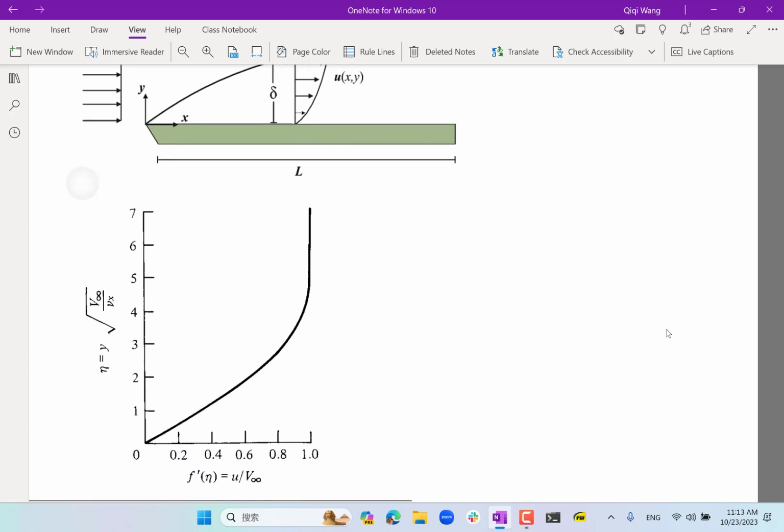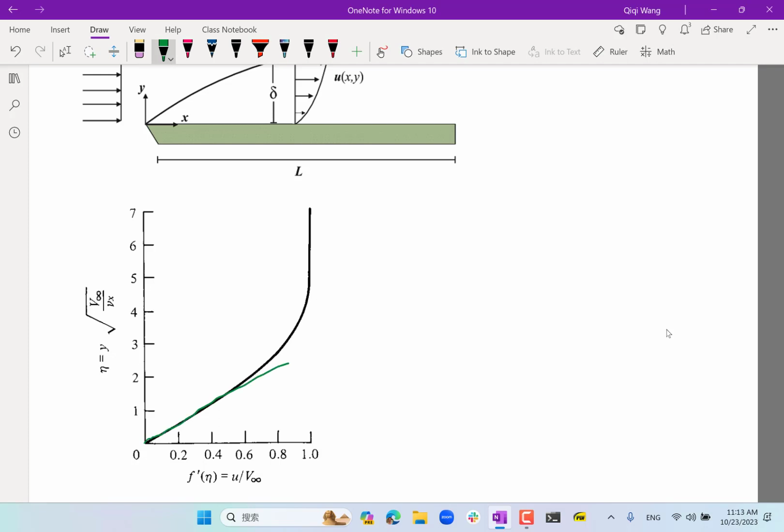So the derivative at the origin is exactly the same, and that allows us to calculate the shear stress, right? So we know the shear stress, tau, is going to be the viscosity times du/dy at y equal to 0 at the wall, right?